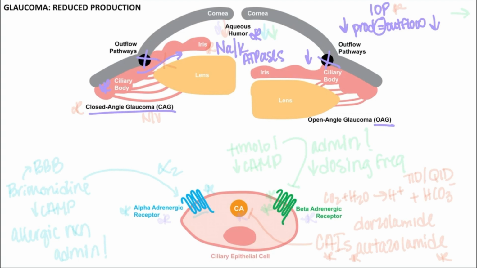And this process of aqueous humor production is regulated by both alpha and beta adrenergic receptors, as well as carbonic anhydrase enzymes. And these three regulators can be targeted with therapeutics to reduce aqueous humor production, restoring balance in intraocular pressure.